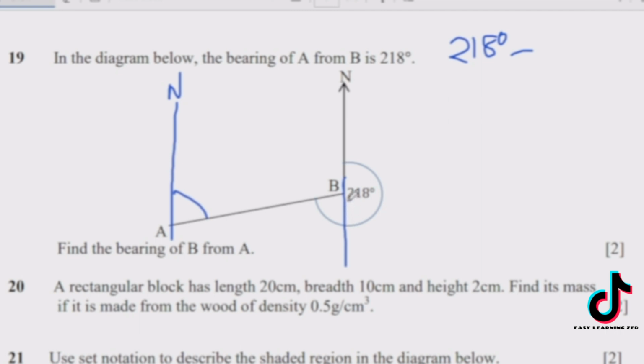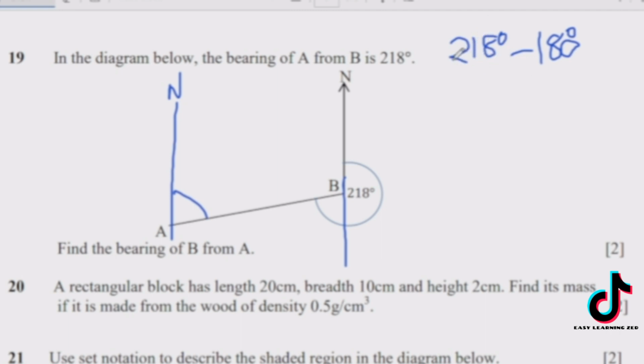So we subtract 180 degrees from 218 to find the value of this angle. 218 minus 180: let's forget about 18 and just concentrate on 200.